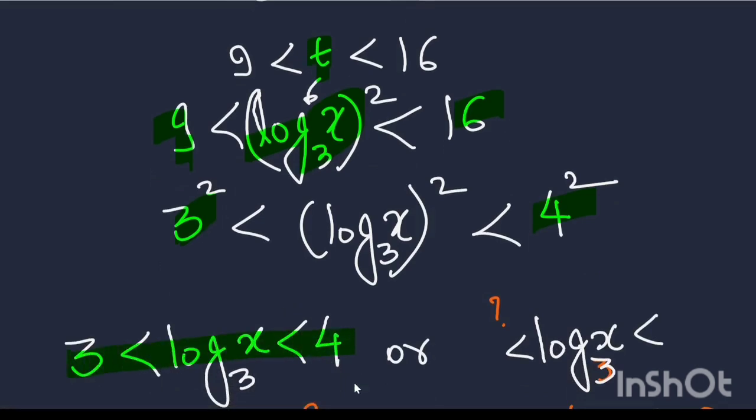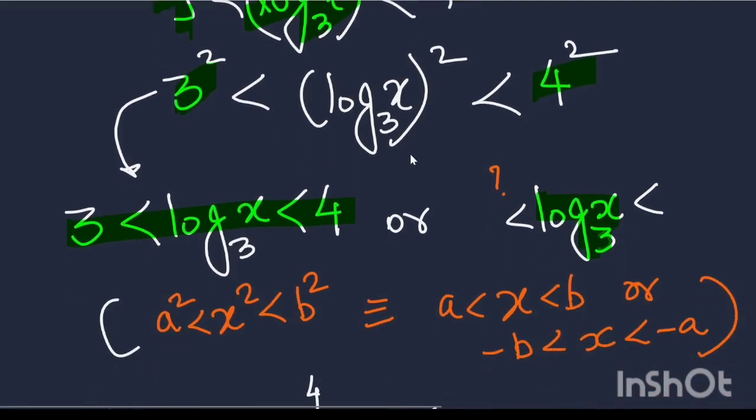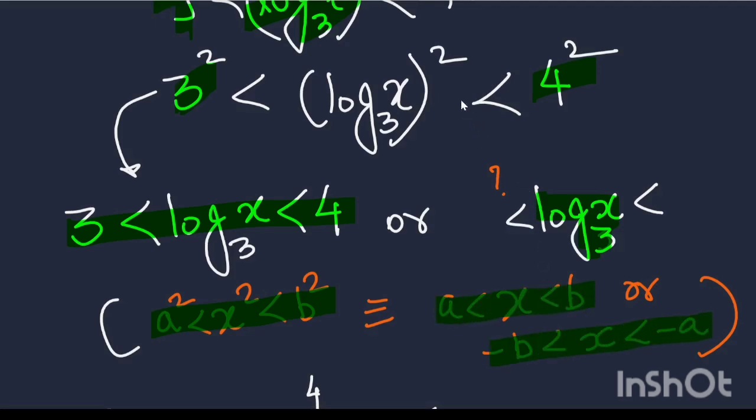It is between 3 and 4, and log x base 3 is between one more range. How did we get from this to this? We used a formula from inequality, if you remember: if x square is between a square and b square, then x is between a and b, or minus b to minus a. So this question mark would be replaced by what, guys?